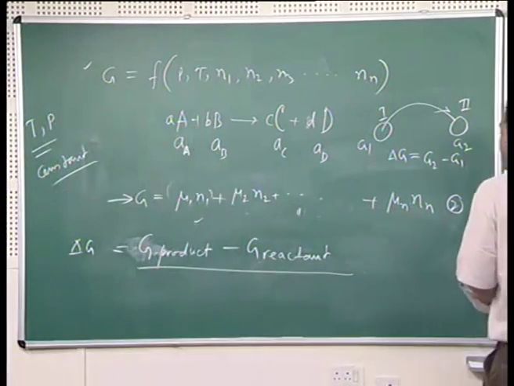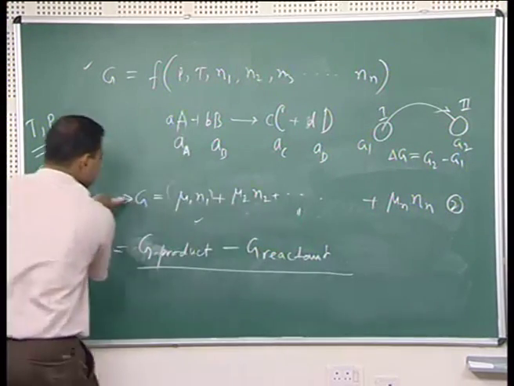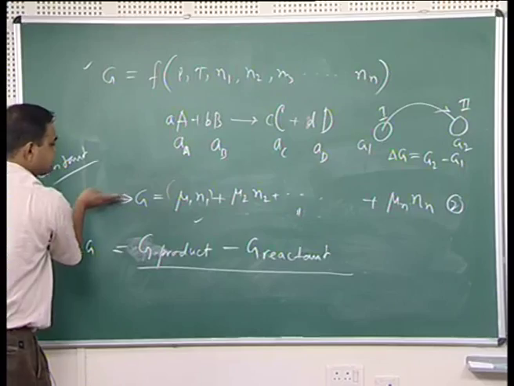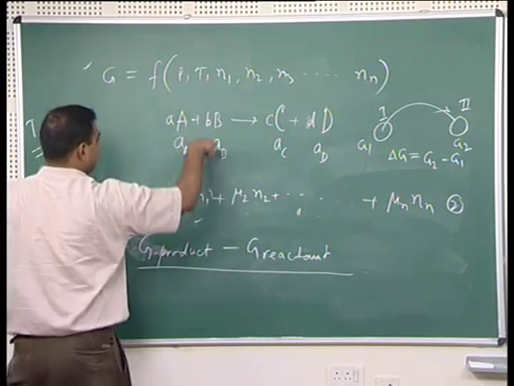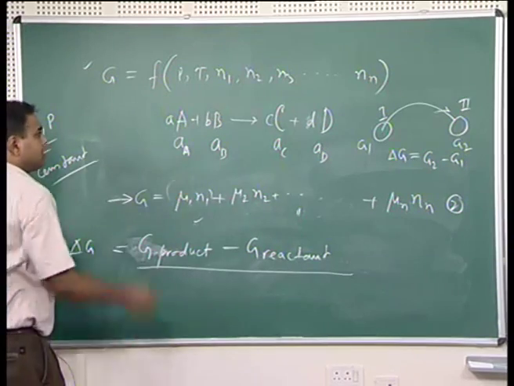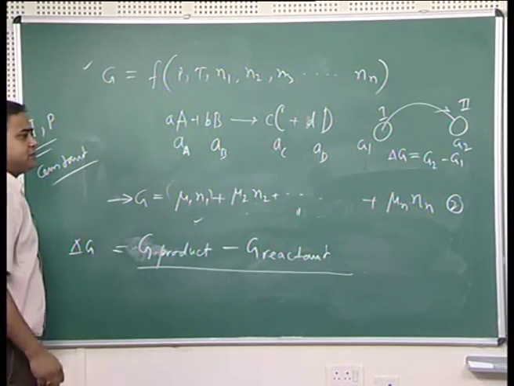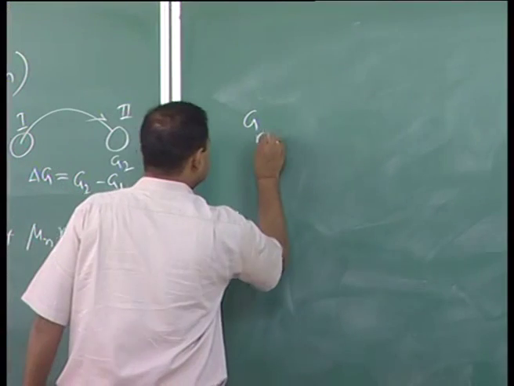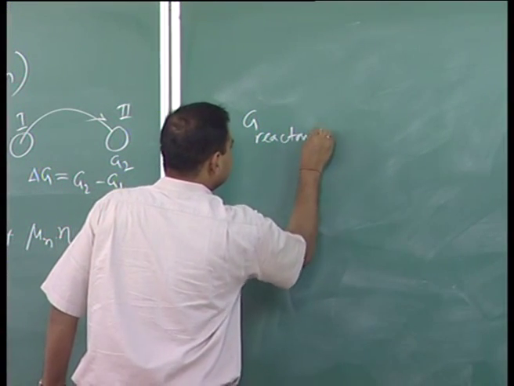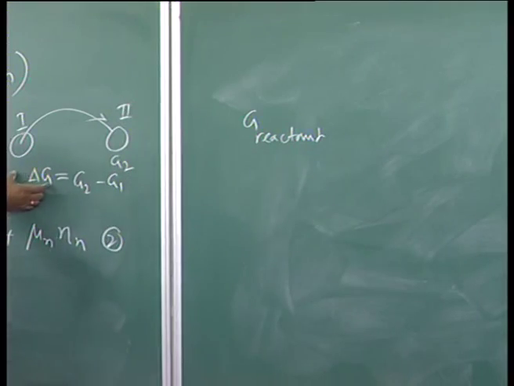Now we know this relation, and this relation is valid for a particular system. Initially we have the reactant. So, let us consider only the reactant part. What would be my free energy for the reactant, or the G1 in this case?